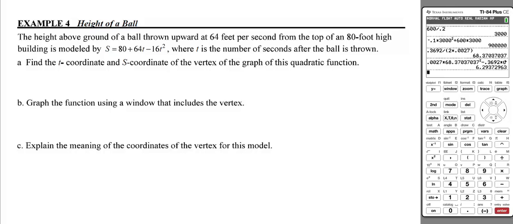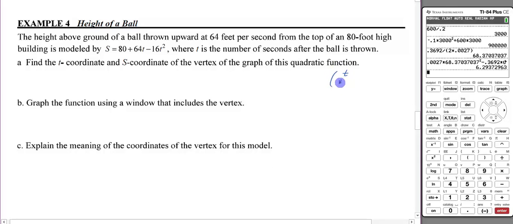Example 4 shows how parabolas are used with applications of gravity. We're using this model for the height of the ball to track the height above the ground. So the height above the ground of a ball thrown upward at 64 feet per second from the top of an 80-foot high building is modeled by this equation. S equals 80 plus 64t minus 16t squared. T is our independent variable.